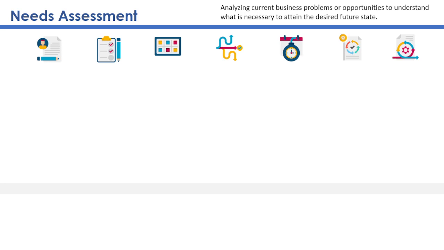Analyzing current business problems or opportunities to understand what is necessary to attain the desired future state. Now, just like we have processes in the world of PMBOK, we have processes in the world of business analysis. And you should at least be familiar with all of the 30 plus processes. So, process number one here in this needs assessment is identify problems or opportunities.